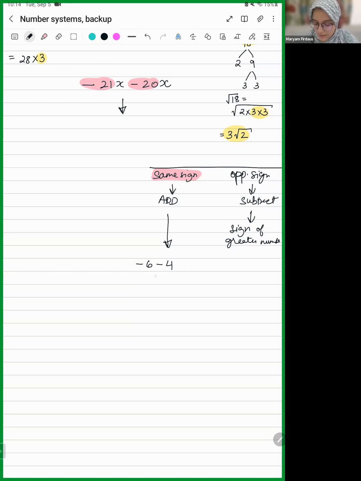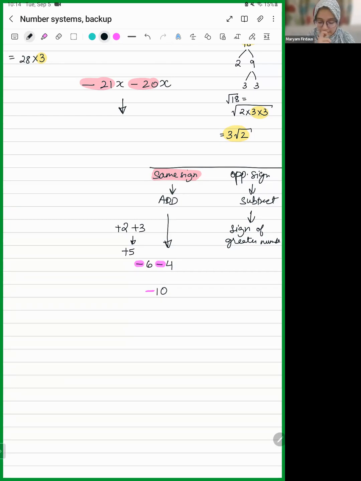Yeah. So when you add 6 and 4, you get 10. Now you have to put the sign of the same sign basically. So you put minus 10. Okay. Similarly, if you have the same sign which is plus, like 2 plus 3, you add them, it becomes 5, and you put the sign of both the numbers, which is plus 5.